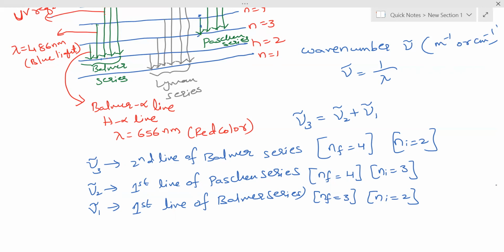So this is the first line of the Balmer series. You can see here that NF is 4 and Ni is 2, and it is 4, 3, 3, 2.